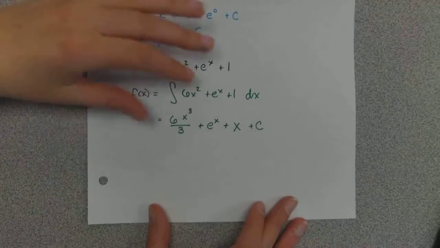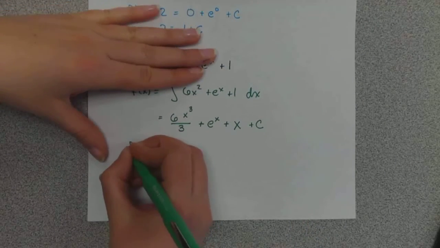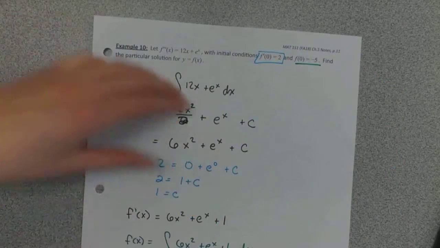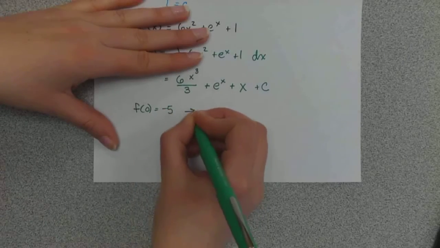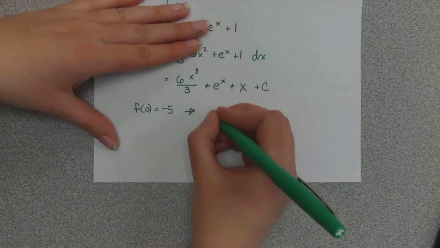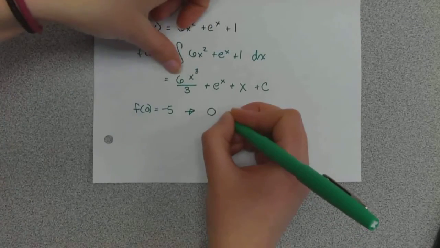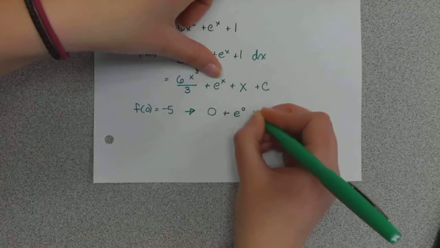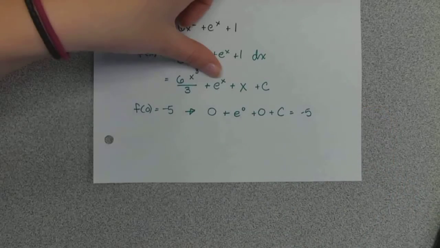Okay. Then I had an initial condition that told me that f of 0 is negative 5. So when I plug in 0, I guess I should have made that a 2, but we'll get to that later, because 2 times 0 is still 0, plus e to the 0 plus 0 plus c equals negative 5, right?